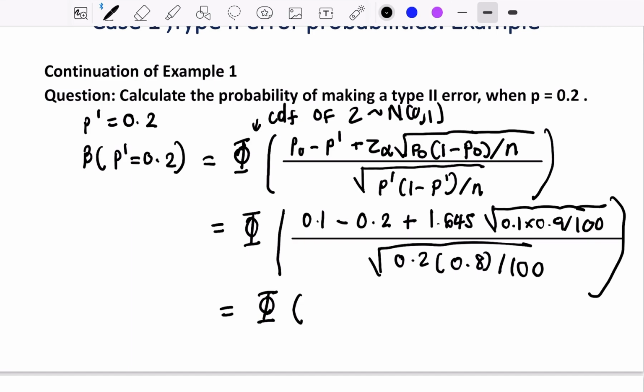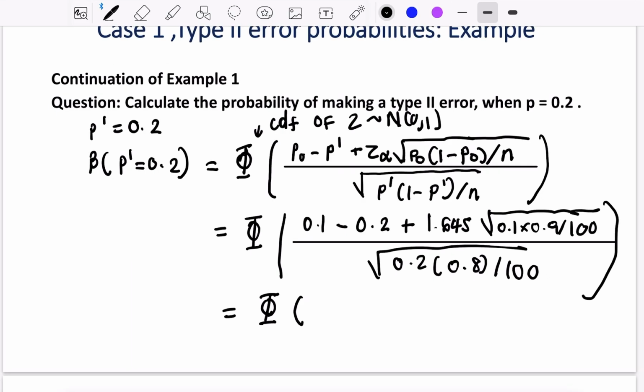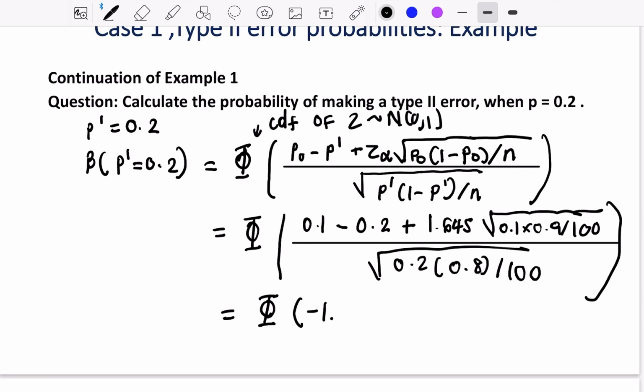So you should get negative 1.27, right? And then if you go to your standard normal tables, this is fairly easy. I'm not going to go to the tables for you, but that should give you 0.102, because I assume that you're very comfortable with using standard normal tables.